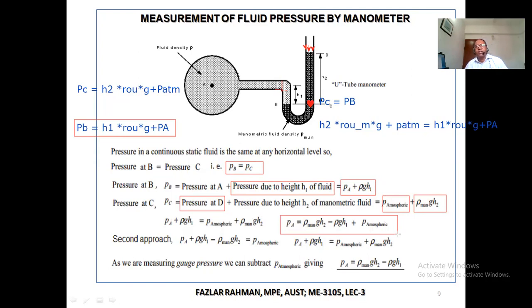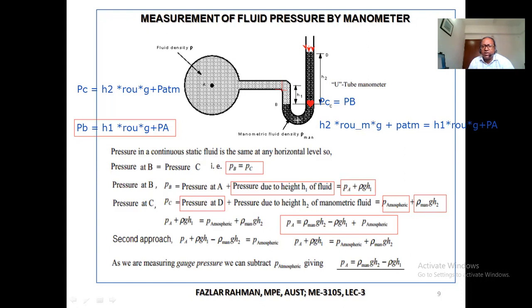Now, you see, I like to figure out the pressure at point C. I start from here, PA plus this height. So when you are coming down, then it will be positive.